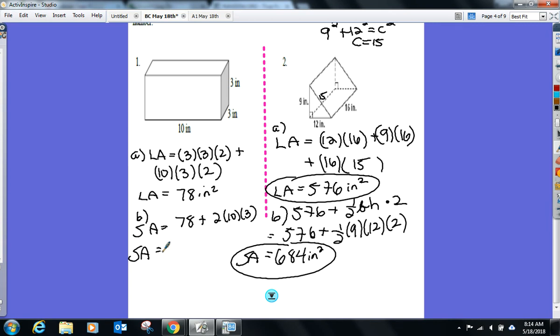And I'm not going to ask you that 138 square inches. Look at everybody go. Questions?